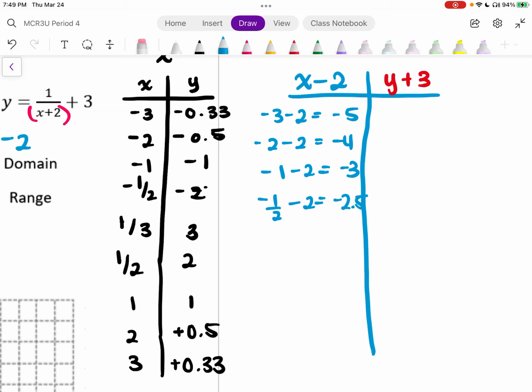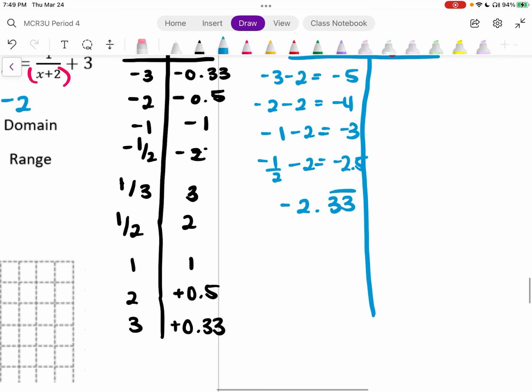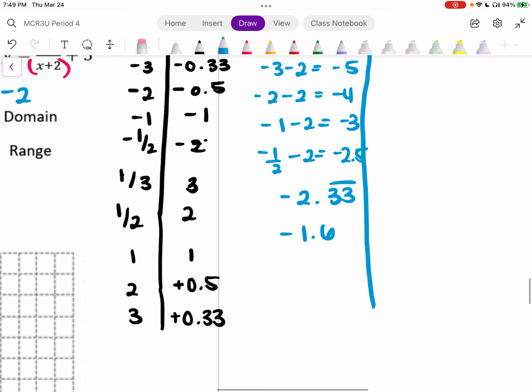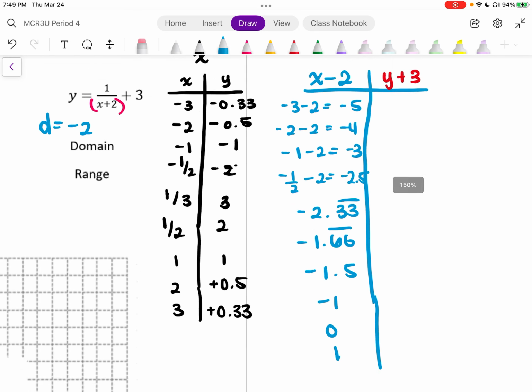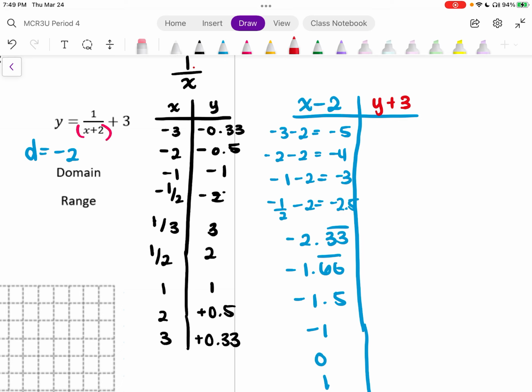So I'm going to do that for all my values. I'm just going to write it in instead of writing out the math. Okay, I'm just going in order, and then negative 1, 0, 1. Then on the opposite side, I'm going to take my negative 0.33 and add 3, which is going to give me 2.67.